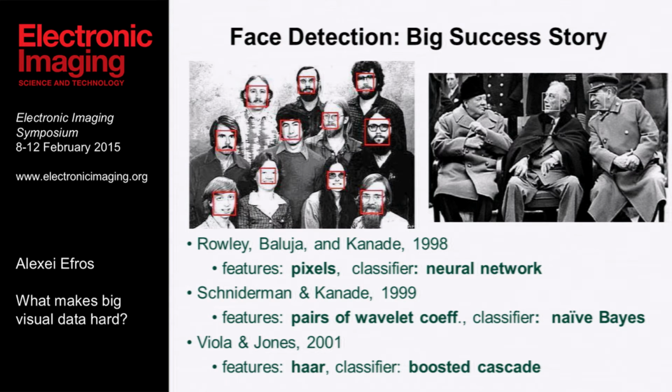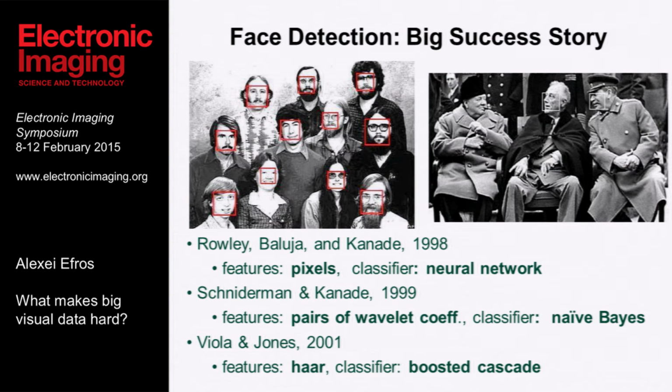And if you look at them, they used very, very different techniques. What are the things you have to pick? You have to pick your features, and you have to figure out what classifier you want to use, right? The first one used pixels as the features, and the classifier was a neural network, which back then was very retro, not in fashion anymore.